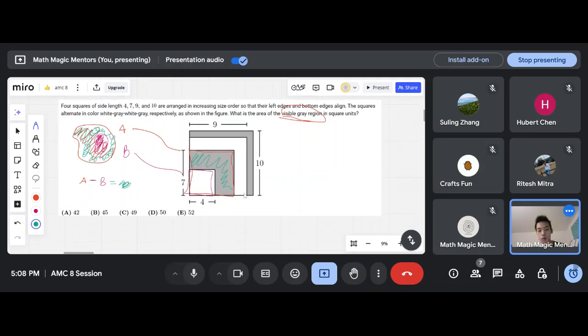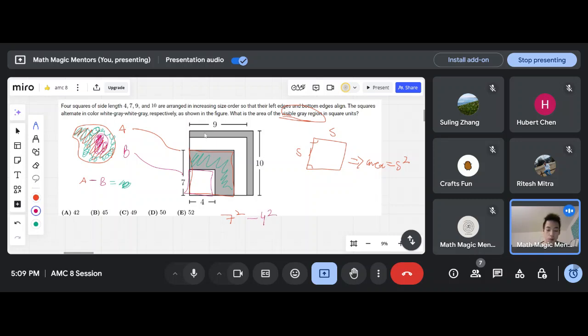Since the area of a square, if you guys don't know this formula yet, is s squared for a side length s, we can say that this first gray area is 7 squared, which is the big area, minus 4 squared.